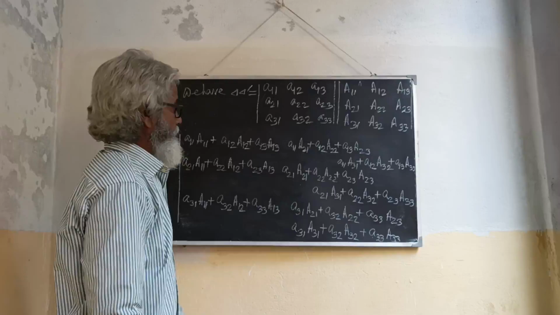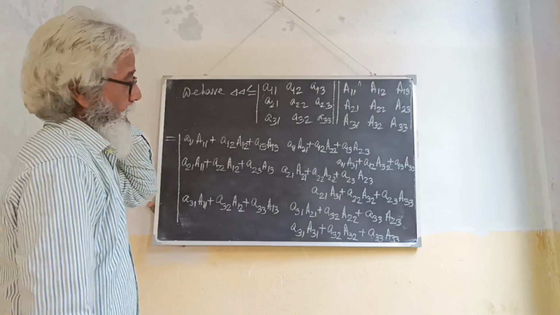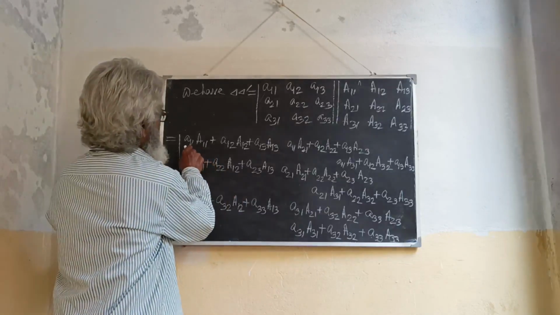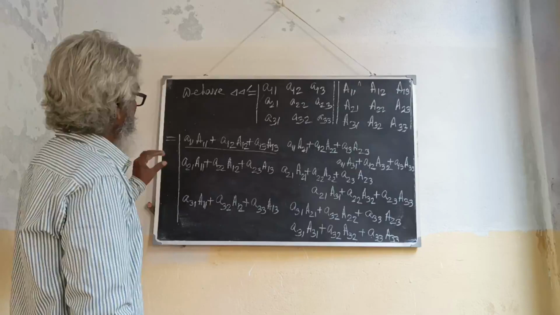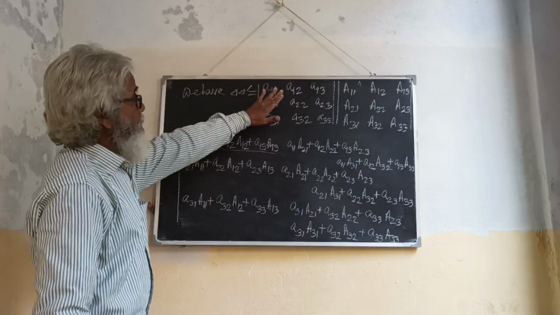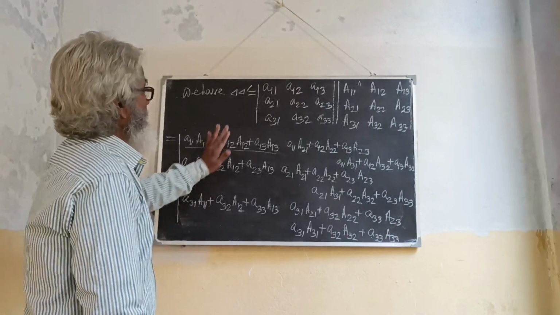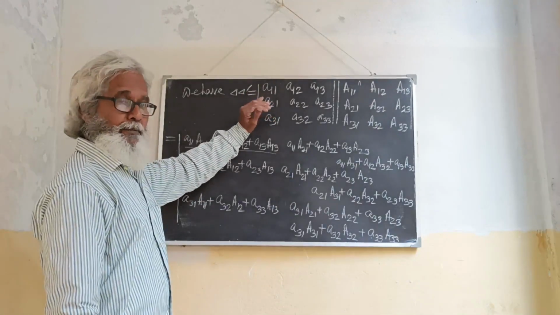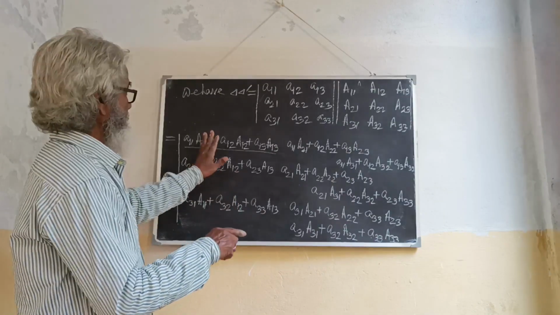Okay. Now you see that this expression means the elements of first row were considered, their corresponding cofactors were determined, the product obtained and their sum.